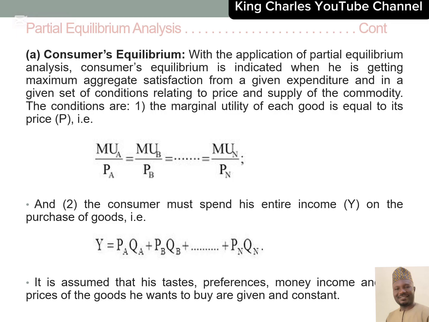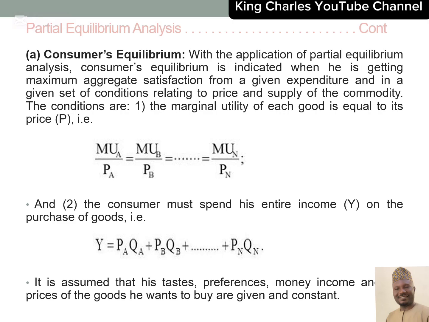When this happens, and MU, the marginal utility you get from consuming bread, consuming egg, consuming Milo, equal to their prices respectively, then the consumer is said to be at equilibrium. But there was a clause.